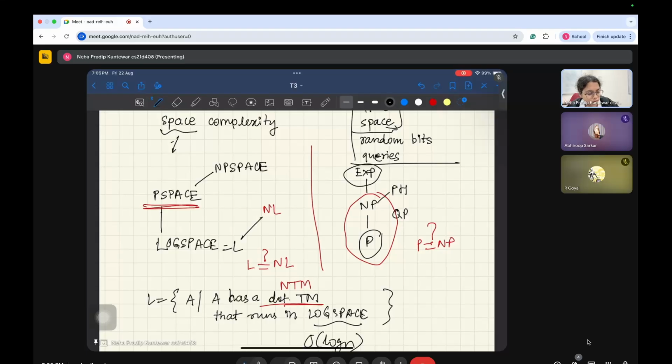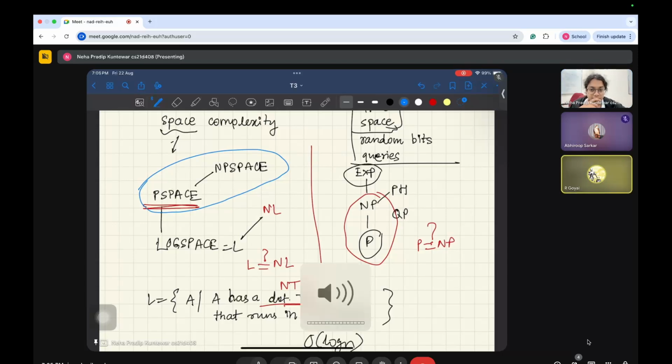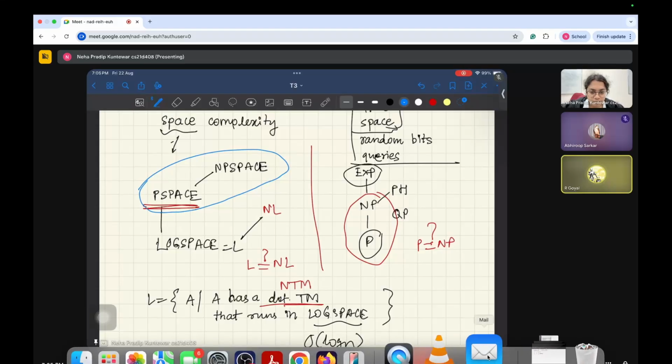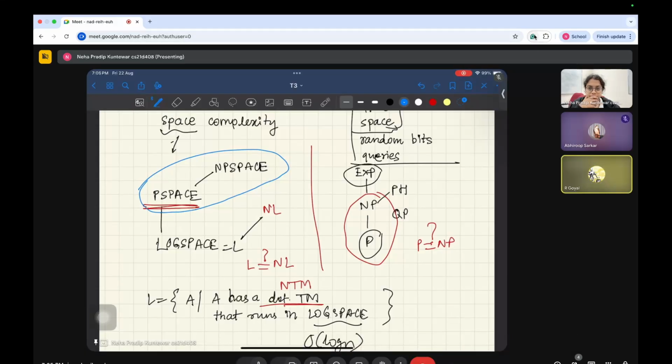If you recall, do we know the answer to this? Yes, according to Savitch's theorem, both are equivalent. PSPACE is the collection of all the languages which are decidable by a Turing machine which runs in polynomial space.